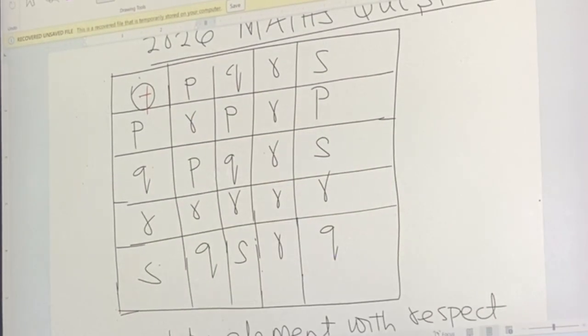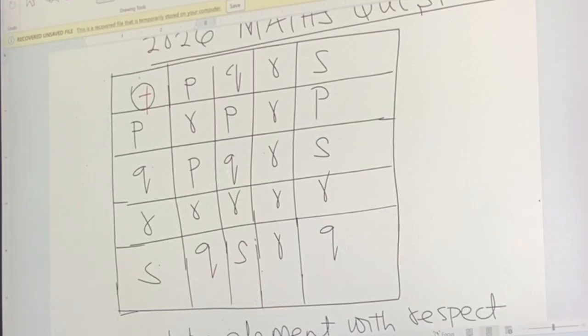We call this question binary operation. When we are given a table under binary operation and asked to find the identity element, please take note: identity element, not inverse element. They are both different.